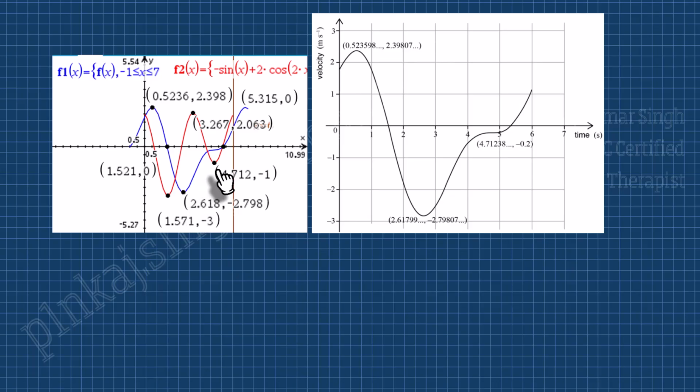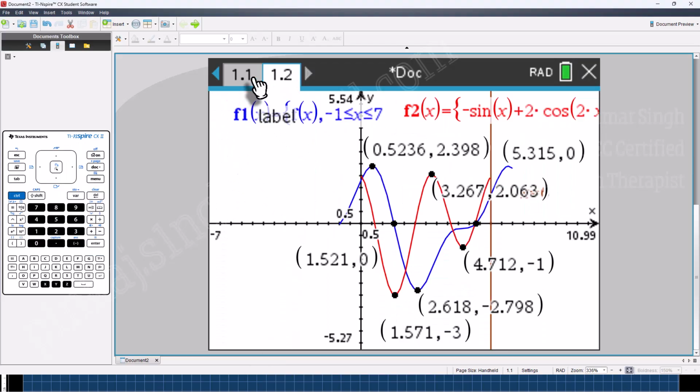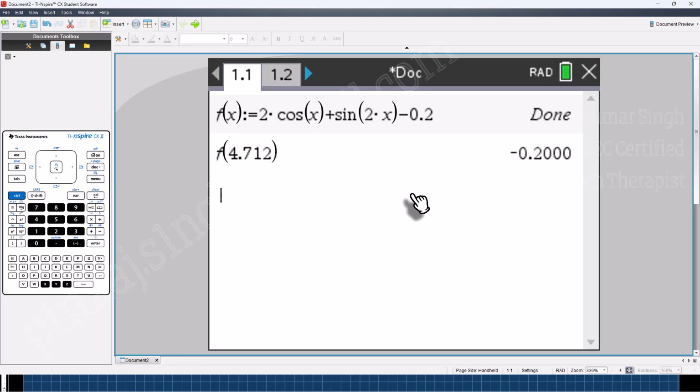And that is where the point of inflection is, 4.712, which we found out using the calculator, and the y coordinate is minus 0.2.